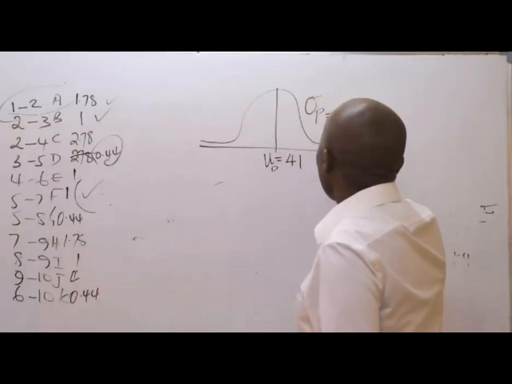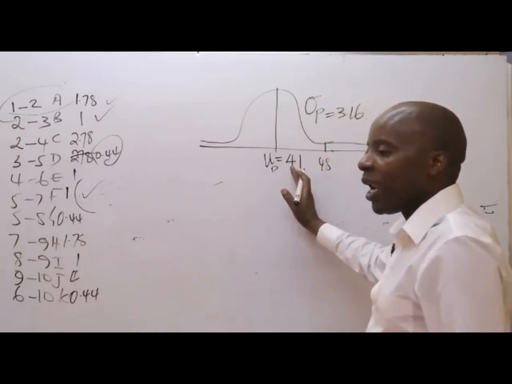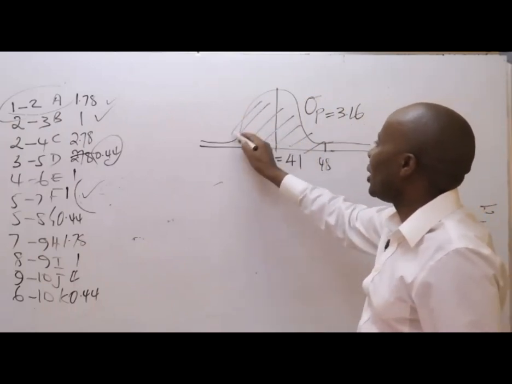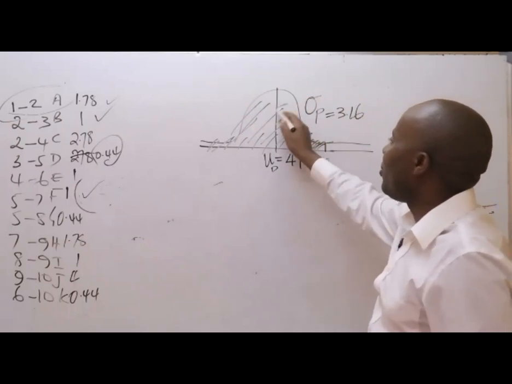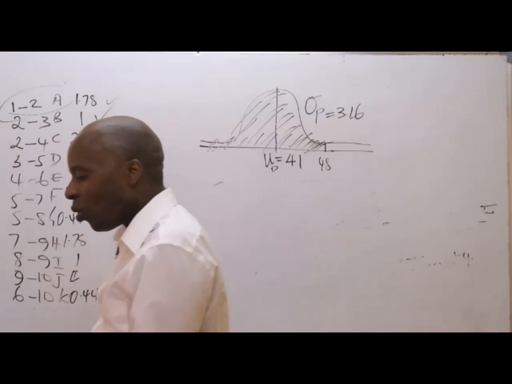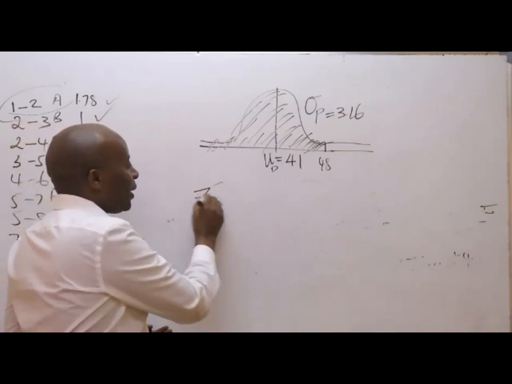So where are the 48 days? They are here. 48 is more than 41. So within 48 means that you need to shade the entire space which is less than 48. And then remember to underscore the Z.